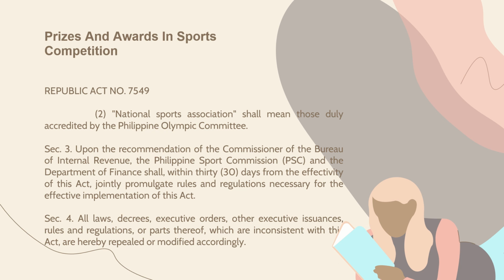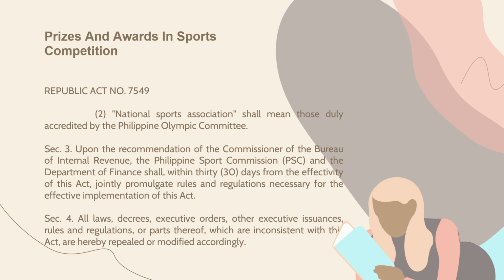Sec. 3. Upon the recommendations of the Commissioner of the Bureau of Internal Revenue, the Philippine Sports Commission, PSC, and the Department of Finance shall, within 30 days from the effectivity of this Act, jointly promulgate rules and regulations necessary for the effective implementation of this Act.